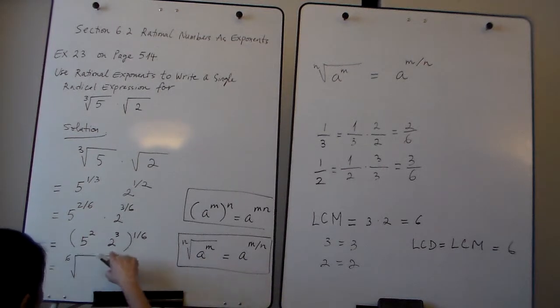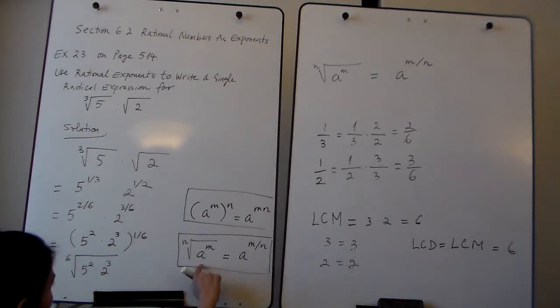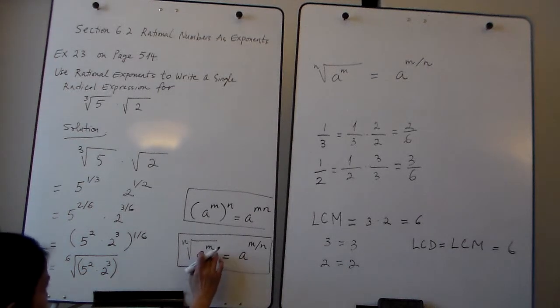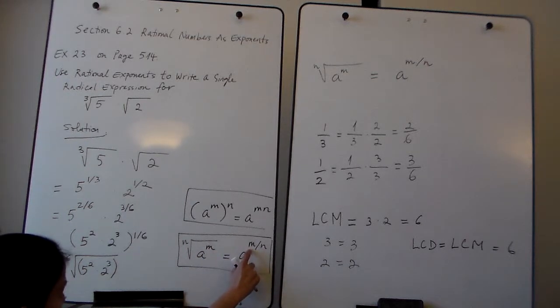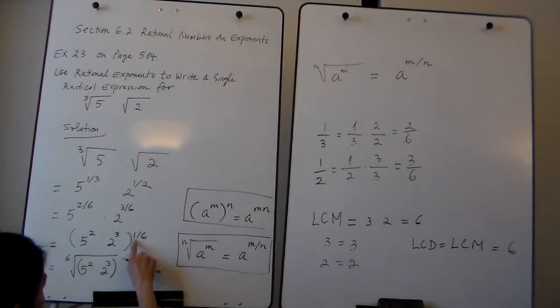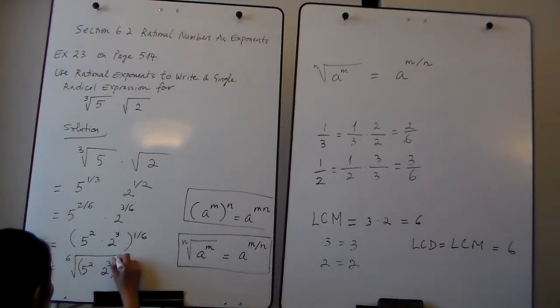A here is the whole thing, 5 squared times 2 to the third power. Now we're not done yet. We still have to put the m right here, which comes from the numerator of this exponent. And in our case, it's 1. So we have 1 here.